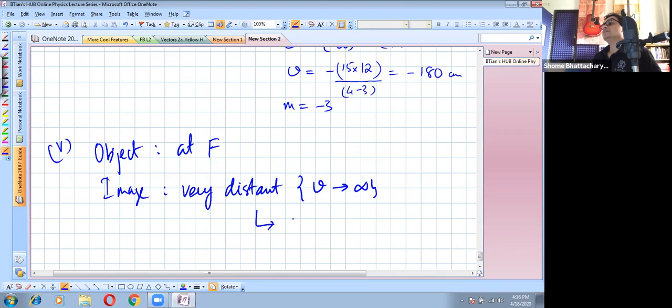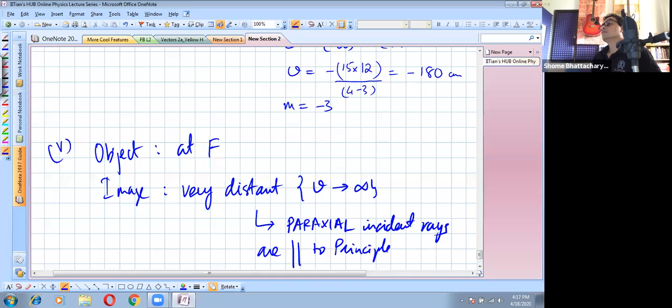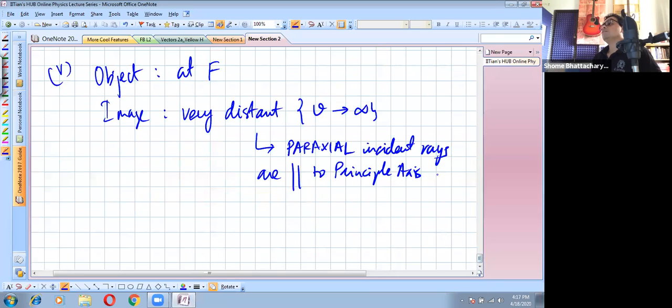What is basically happening is that the paraxial incident rays are parallel to the principal axis after suffering reflection. So you don't really get any usable image. You can't obtain that image on a photographic plate or something like that.